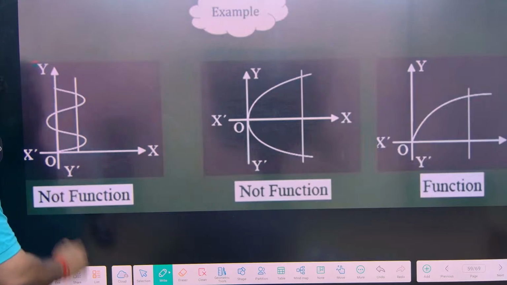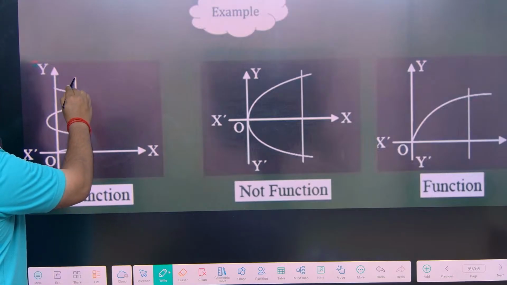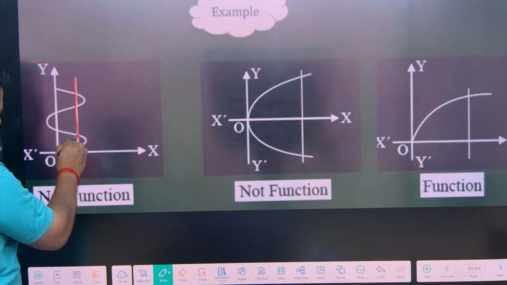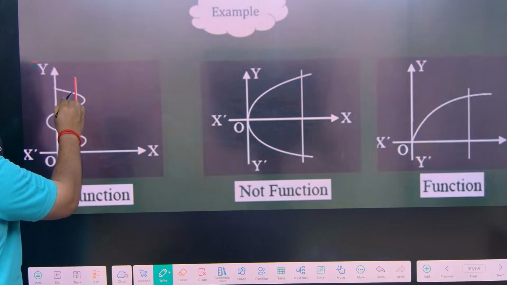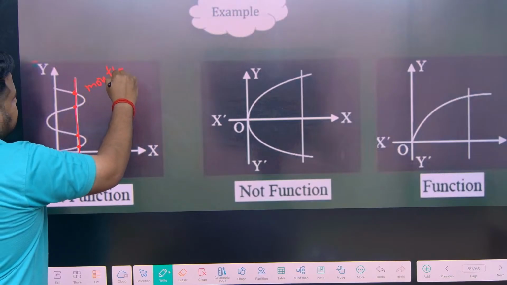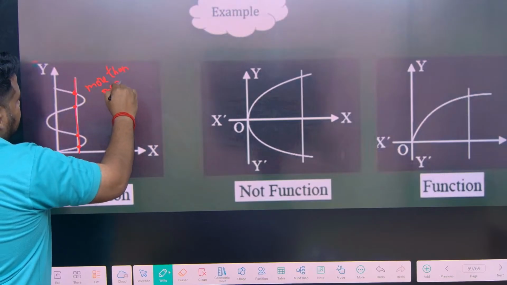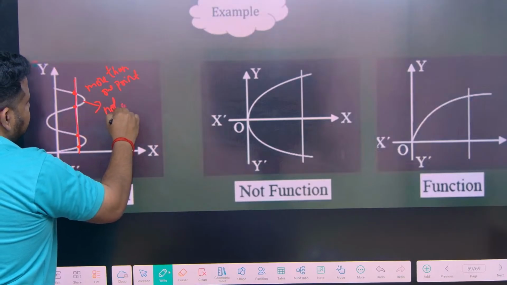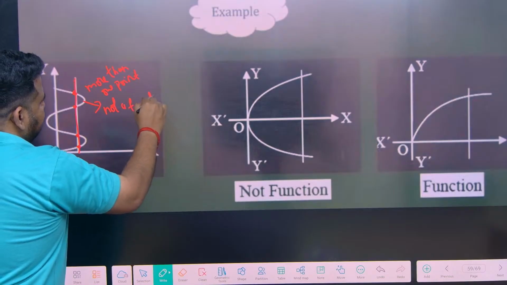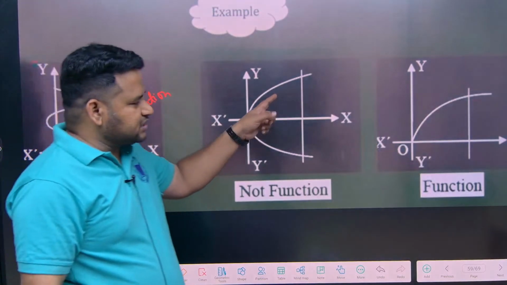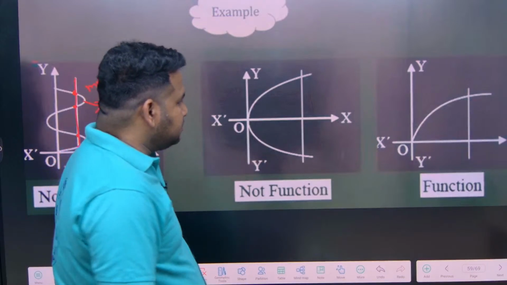See here, if I draw this vertical line, it is cutting this curve here also, and here also. It is cutting at more than one point, so definitely this curve is not a function. A vertical line means just draw one line perpendicular to the x-axis. Now look at this one, is it a function or not? Definitely not.